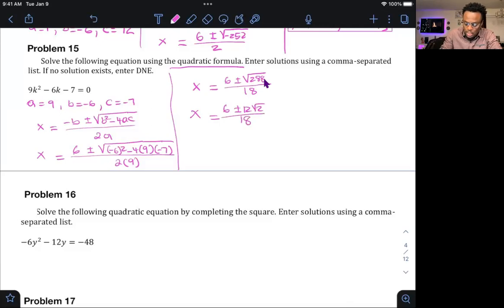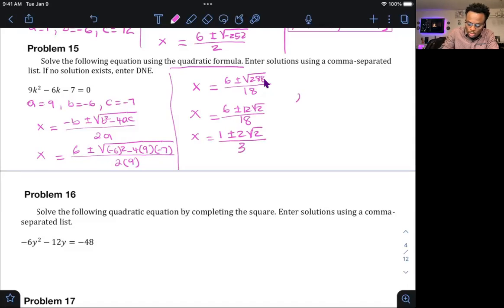And then everything is a multiple of 3. We can divide by 3. So that is 2 plus or minus 4 square root of 2, oh, we can divide by 6 actually. So by 6, that is 1 plus or minus 2 square root of 2 over 3.